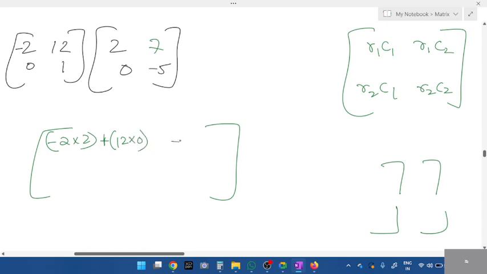Next one, minus 2 into 7, minus 5. Complete this. Next one. What's the next one? Wait, in this there was one question, matrix 126. Just a minute, students.